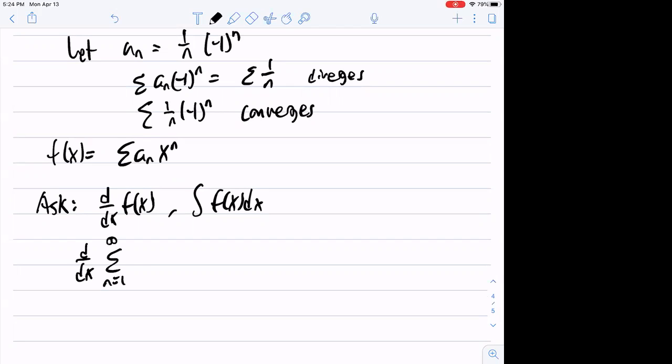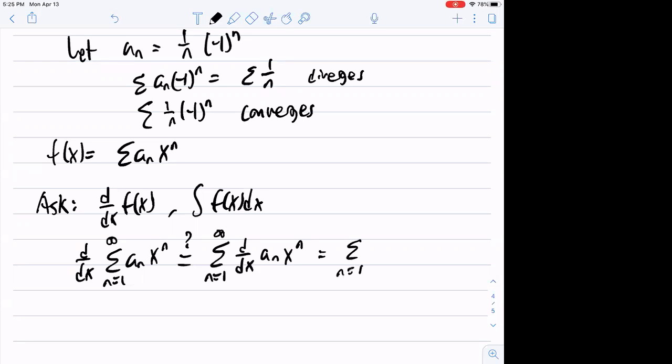Let's say I started at 1. You might wonder, can I differentiate term by term? In other words, can I swap the sum and the derivative? And here you know what it is, right? It's the power rule.